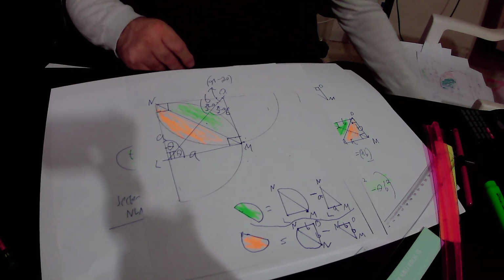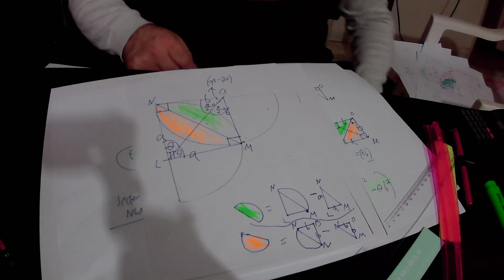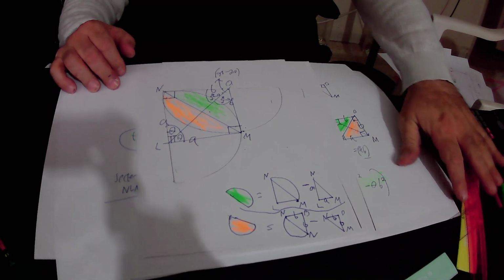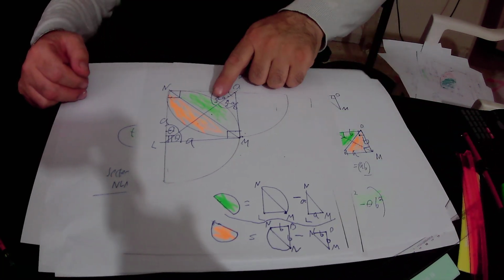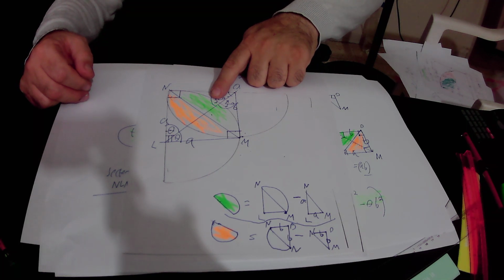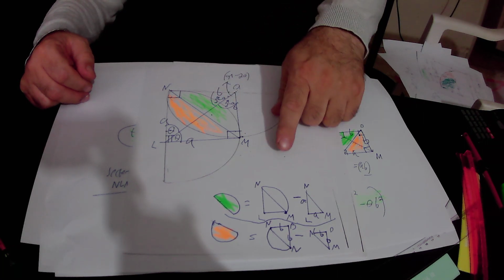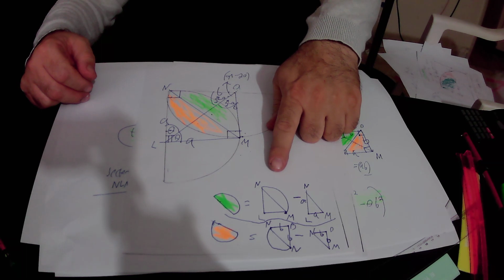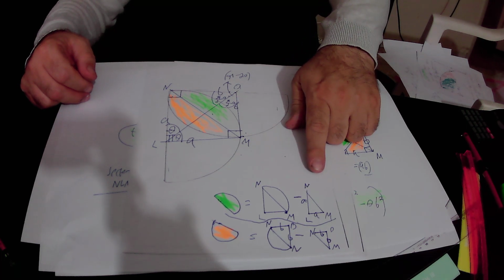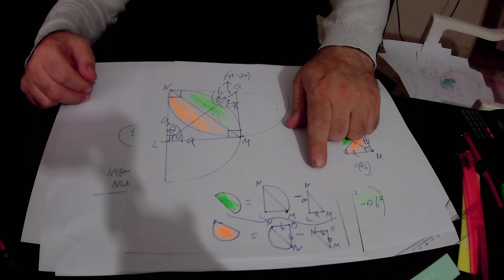Okay, so here the area of the green circular segment equals the area of sector NLP minus the area of triangle NLP.